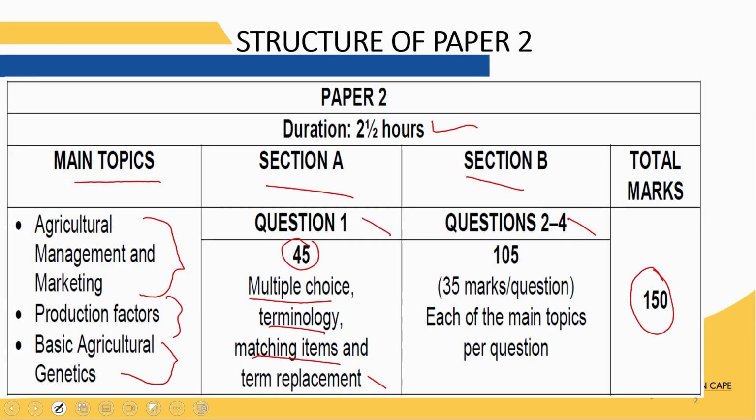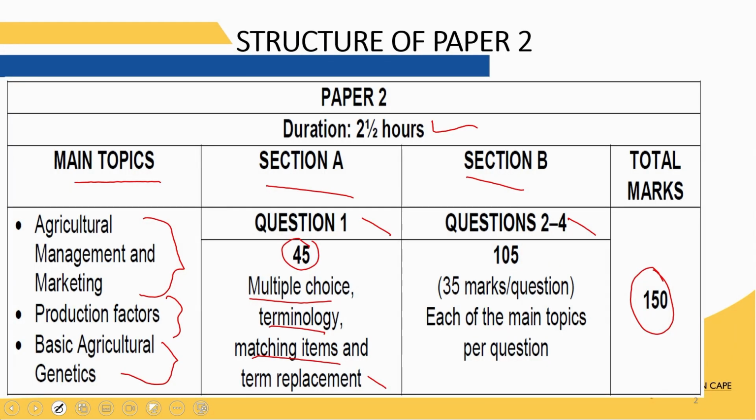We've got 1.2, which is terminology, 1.3, matching columns, and term replacement 1.4. In section A, each topic carries 15 marks. So 15 multiplied by 3 gives us our section A question 1, which is out of 45.